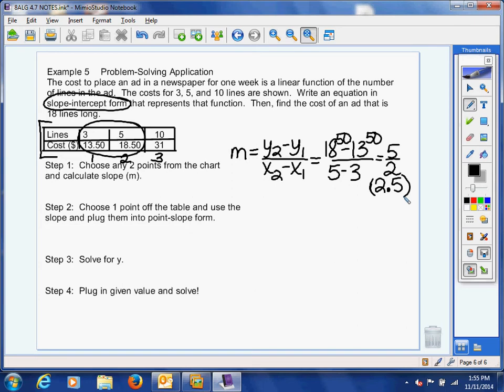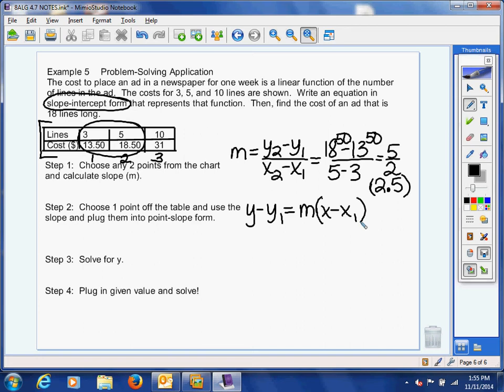We're going to choose 1 point off the table, and we're going to use the slope and that point and plug into point slope form. So let me remind you, point slope form is y minus y1 equals m times the quantity x minus x1. Guys, it doesn't matter what point you choose. You have 3 of them to choose. It is up to you. It doesn't matter.